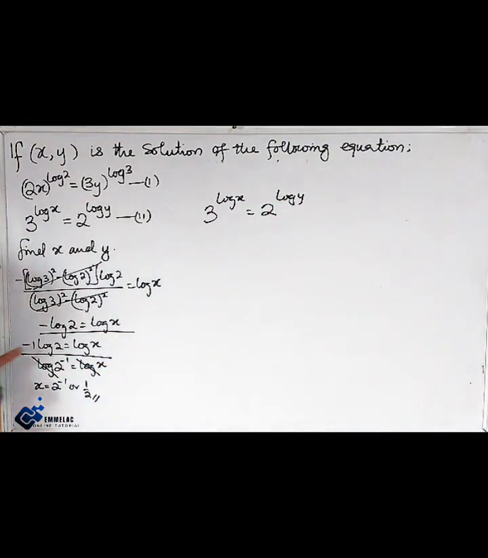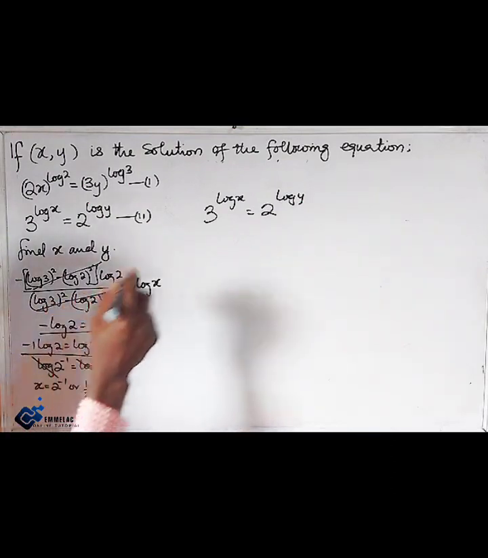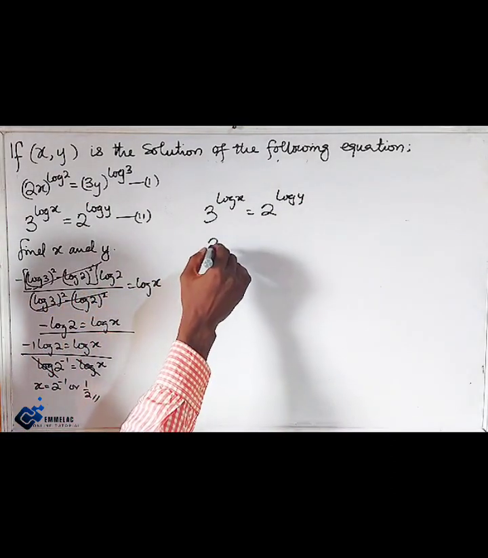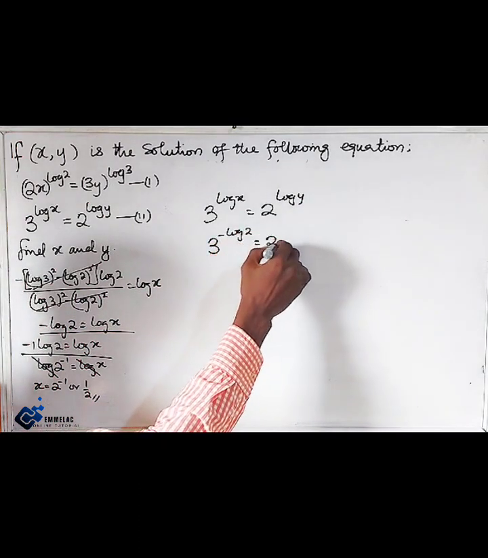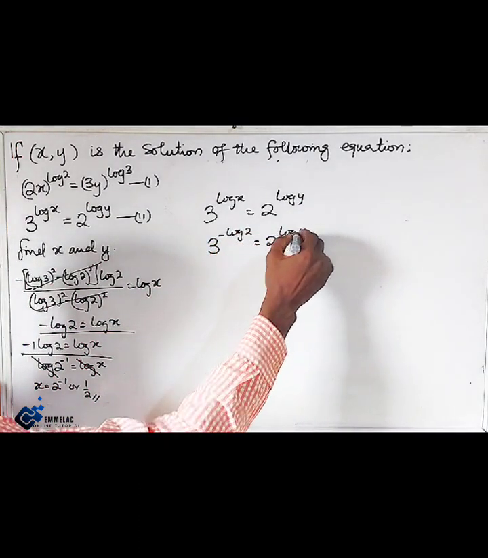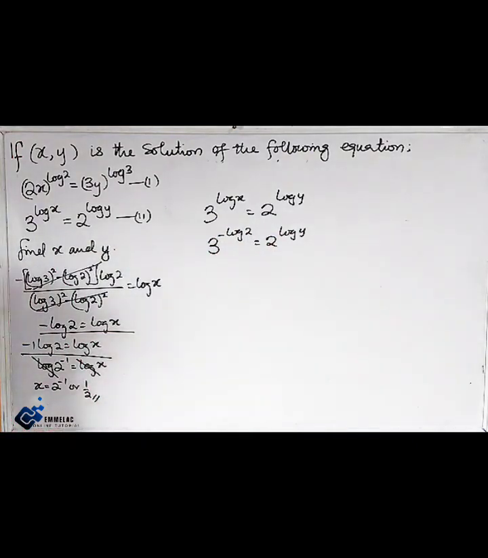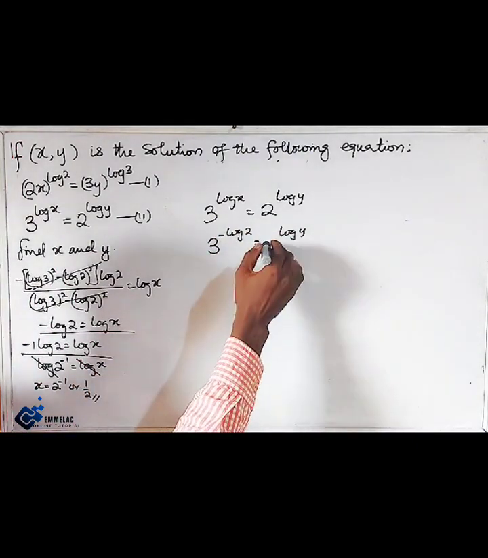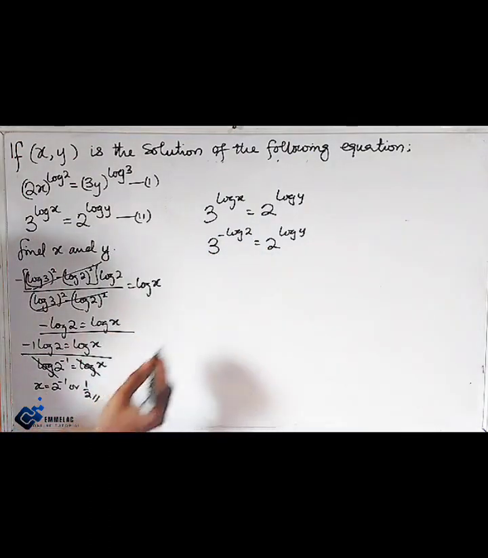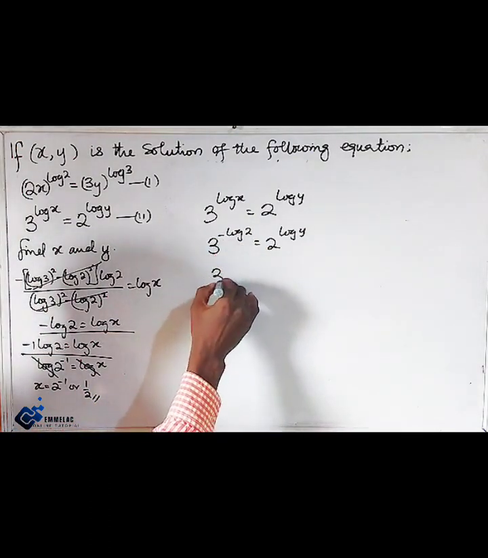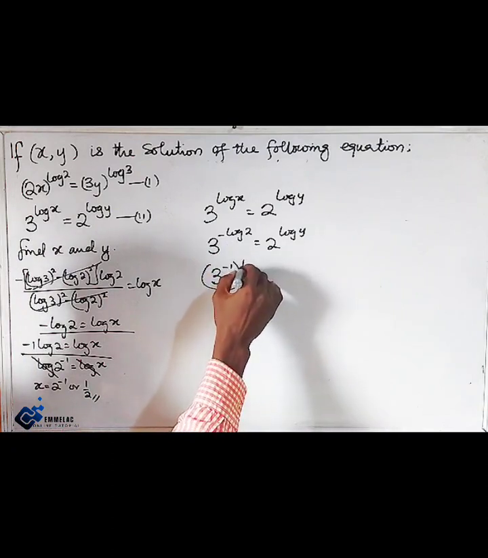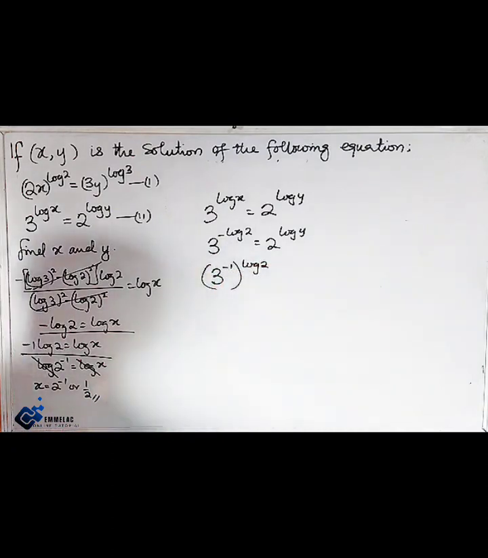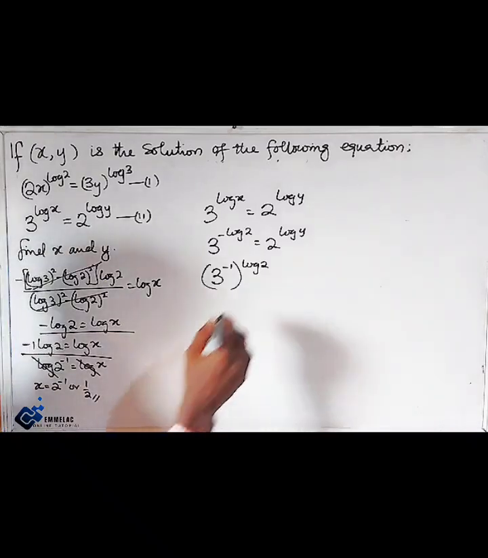Now if log x equals negative log 2, we can simply say this is 3 raised to the power of negative log 2 equals 2 raised to log y, right? Now take note that this implies 3 raised to the power of minus 1 into log 2, according to the law of indices.